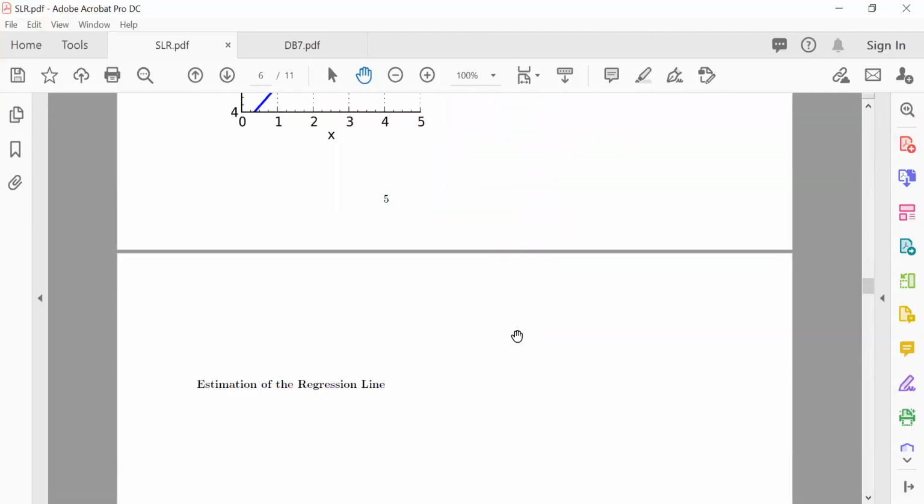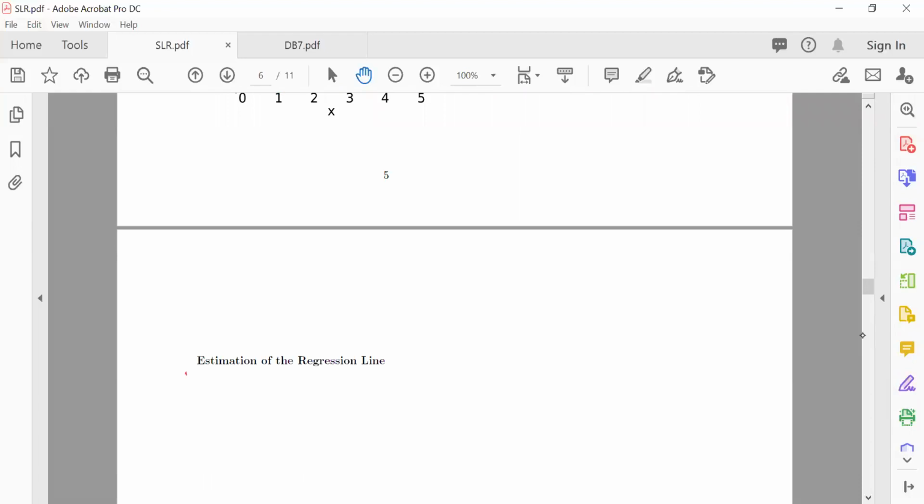Now we are trying to find the minimum of this. Now let's continue. Let's use L to denote the sum of squared residuals, which is the sum of yi minus beta 0 hat minus beta 1 hat xi, squared. Remember, this is your yi hat, and you sum all those residuals together.